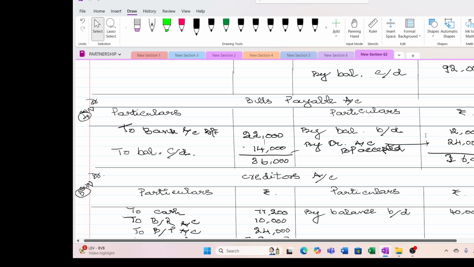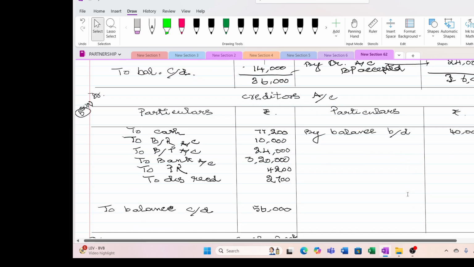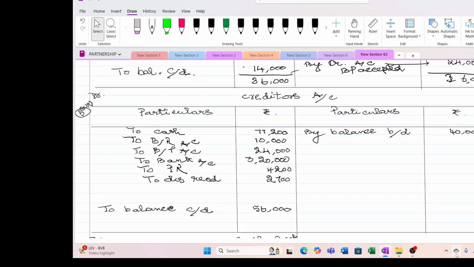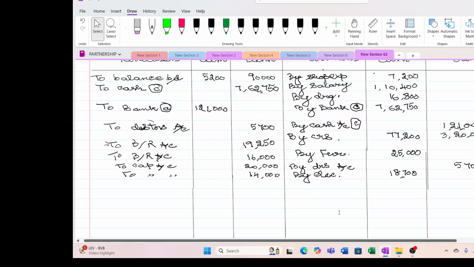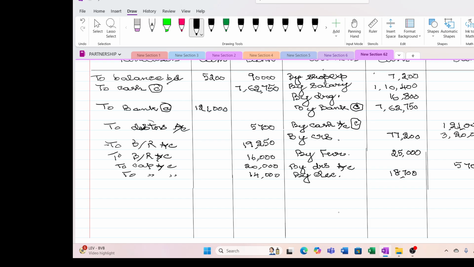So take this 22,000 to your bank account. Here you have debited, you have to credit the bank account by bills payable account. So you have made a payment of 22,000. I am writing in the bank column.